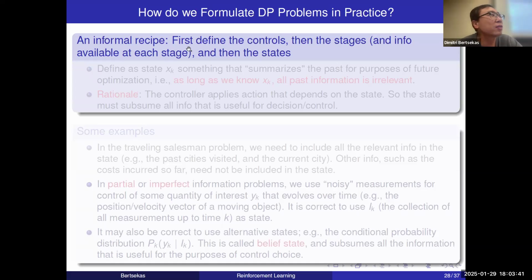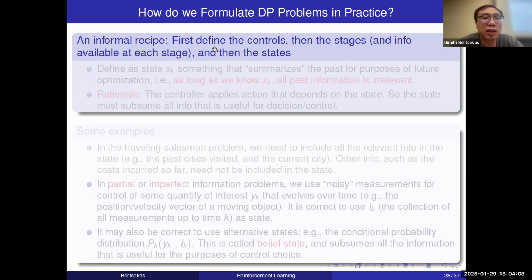Typically, it will be clear, given a practical problem, what the control is. For example, if you have an investment problem, then of course the control is how much money you put in the market, right? And if you have a problem of controlling a vehicle, then the control is whatever you control: the steering wheel, the gas pedal, and so on.